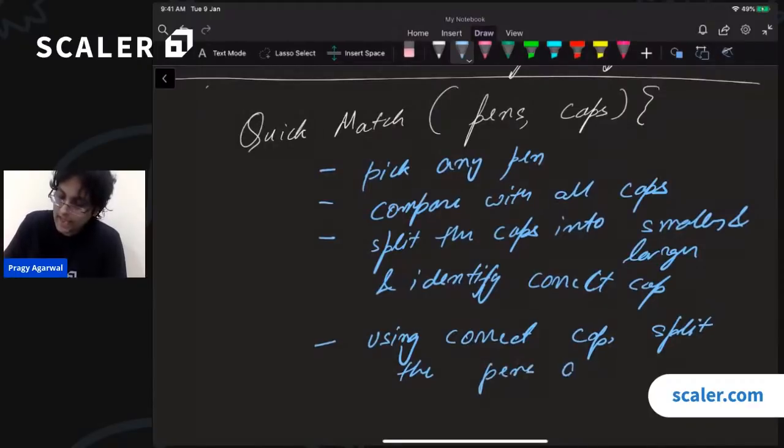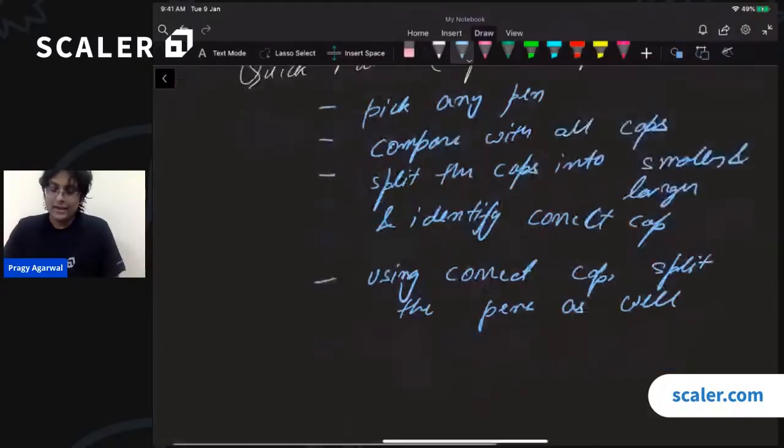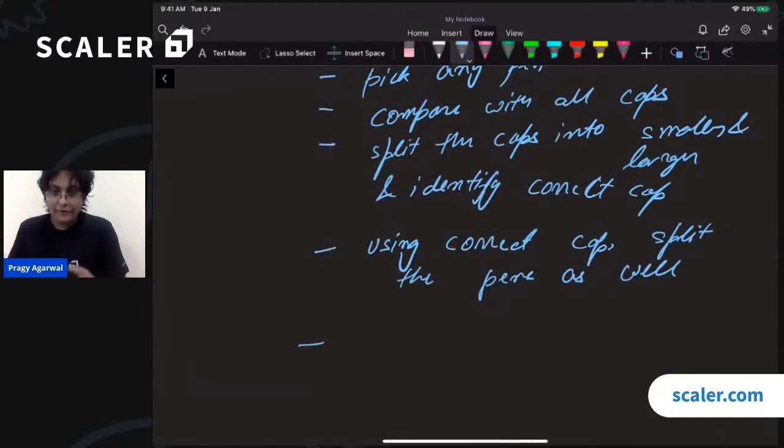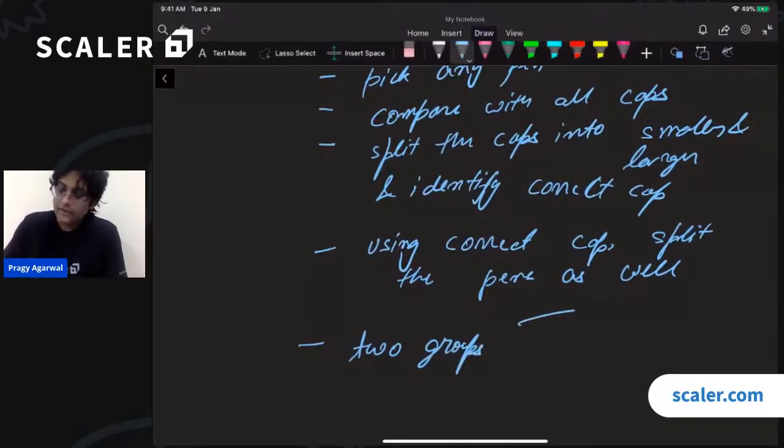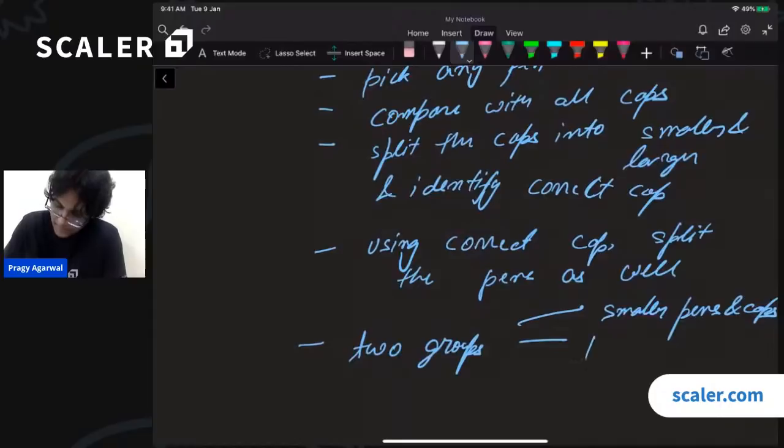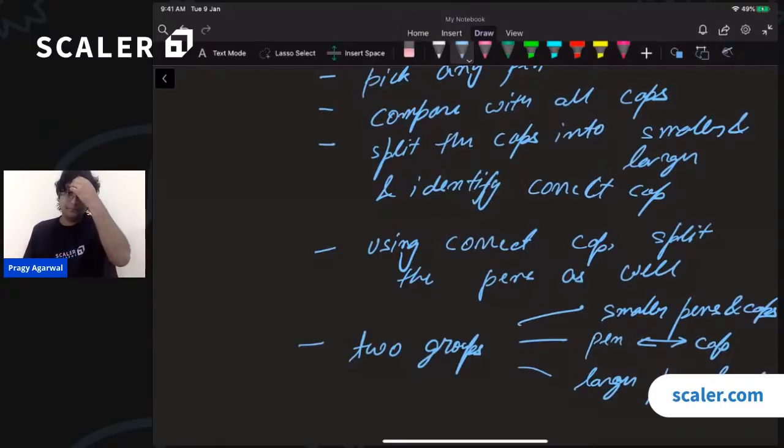Now, after all this is done, we have three groups, in fact. One group is of the smaller pens and caps. Then there is this pen and its corresponding cap. And I have the larger pens and the caps.